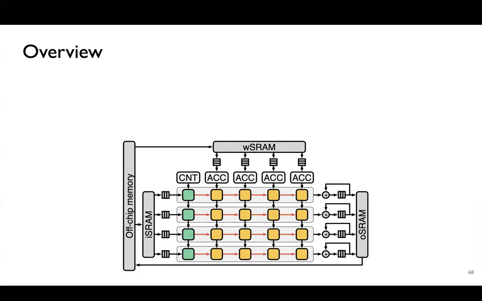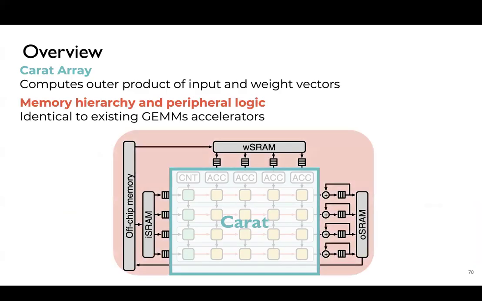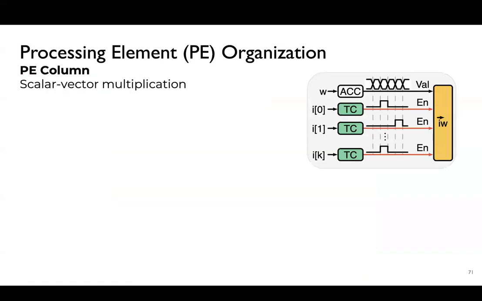And then here is our overview of our concrete architecture. Our Carat architecture at a very high level computes the outer product of an input vector and the weight vector. The memory hierarchy and peripheral logic mirror existing GEMM accelerators. Let's zoom in and see what the Carat PE organization looks like.